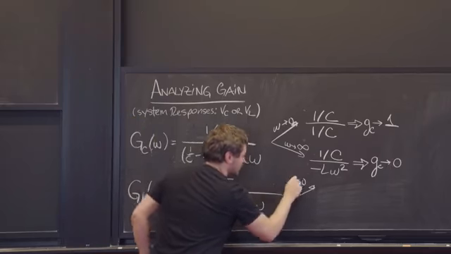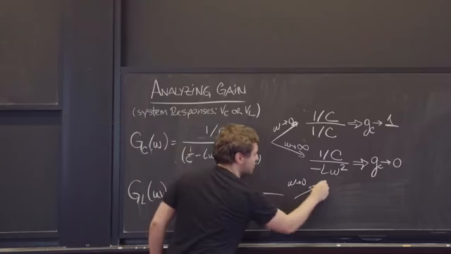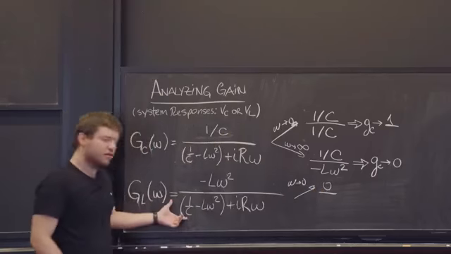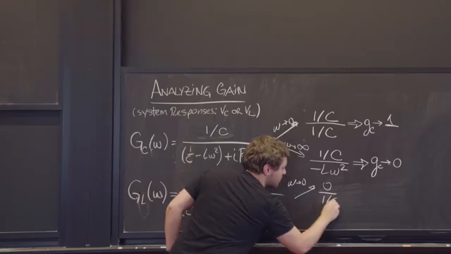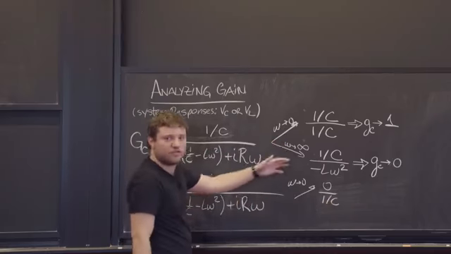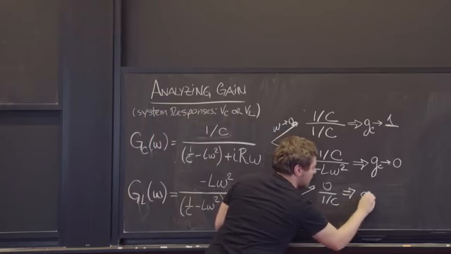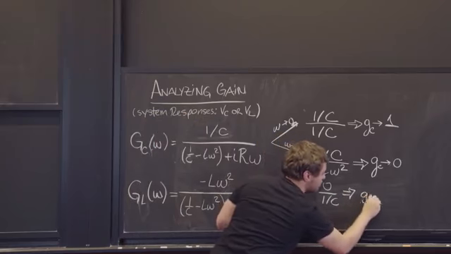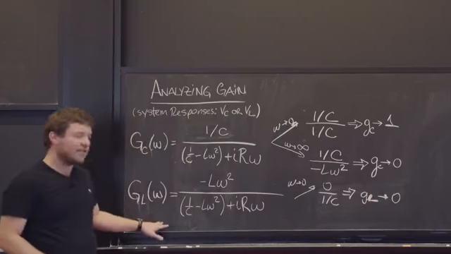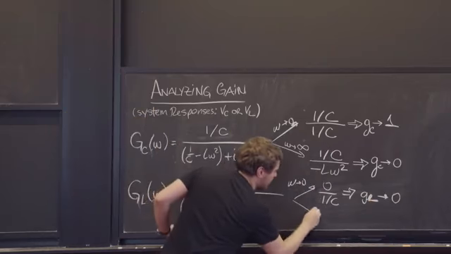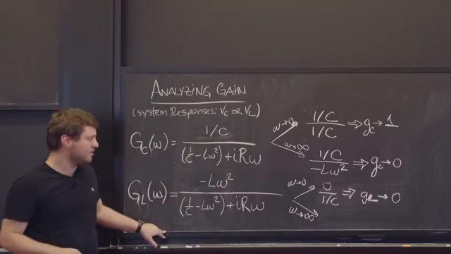As omega goes to 0, the numerator goes to 0, but the denominator goes to the constant 1 over c. So we have that the ratio of the amplitudes, which is our gain GL, goes to 0.